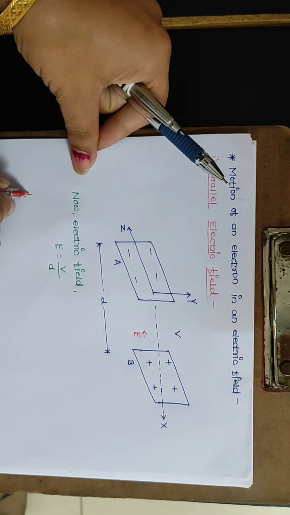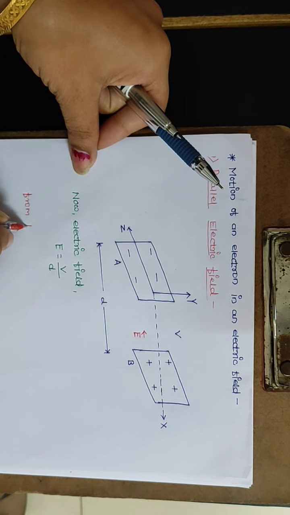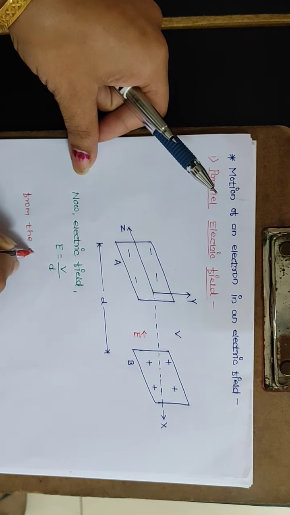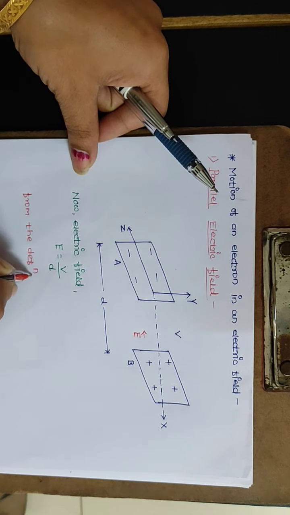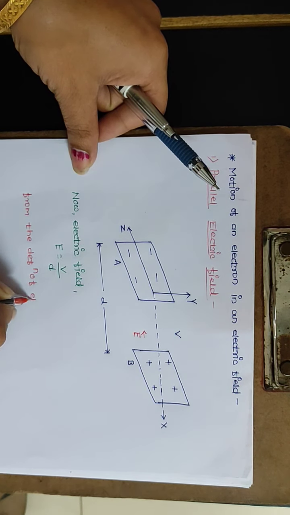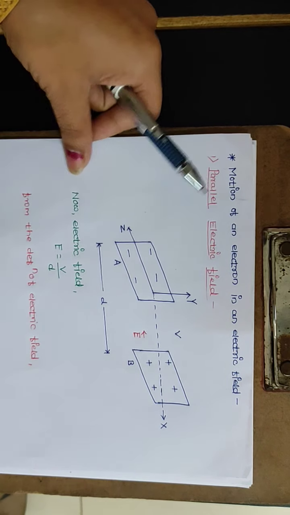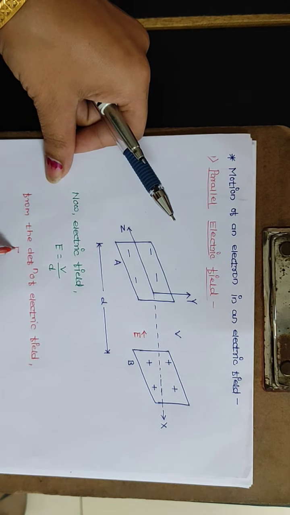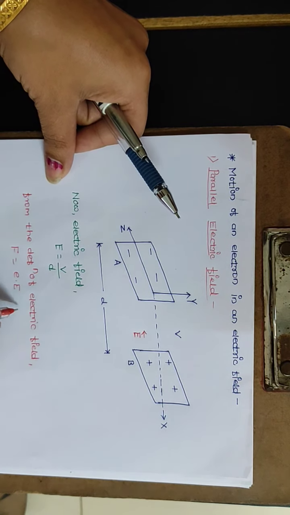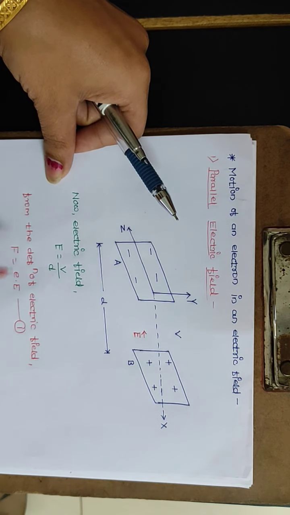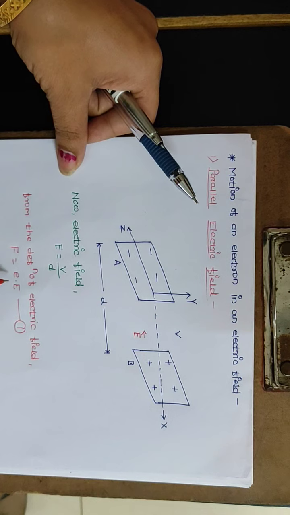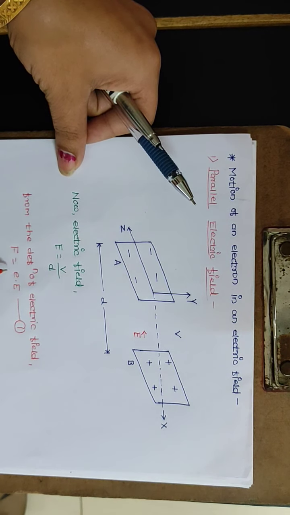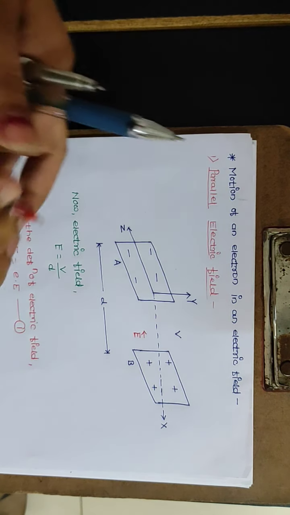From the definition of electric field, we can write F is equal to e into E. Equation number 1. Here small e indicates the charge of the electron.